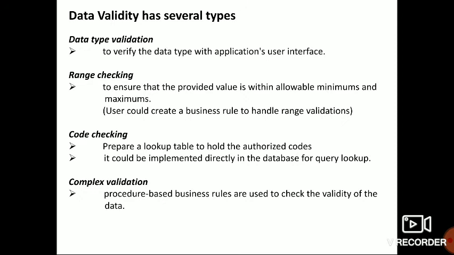If your expectation is maximum and the actual available data is minimum, it does not satisfy the user's expectations. If the user wants a minimum level of data, it should be at the minimum level. If they want a maximum value in the data, it needs to have a maximum value. That is called range checking. With the help of checking its range, we can predict its quality, that is data quality.